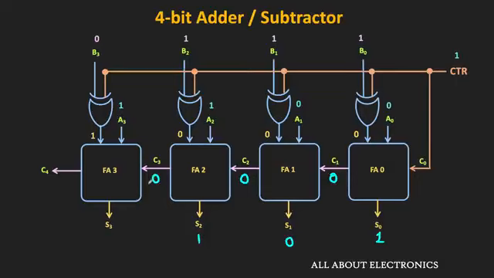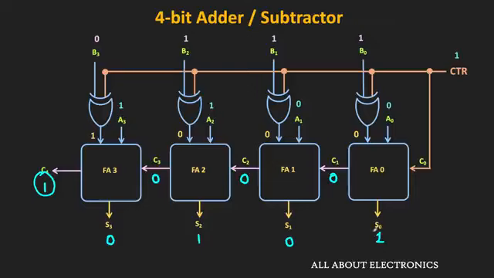And now for the final full adder, this 1 plus 1 is equal to 0, while the outgoing carry is equal to 1. And since we are performing the subtraction, we will ignore this output carry. That means the output result is equal to 0101. So in this way, by making this control input equal to 1, we can also perform the subtraction.